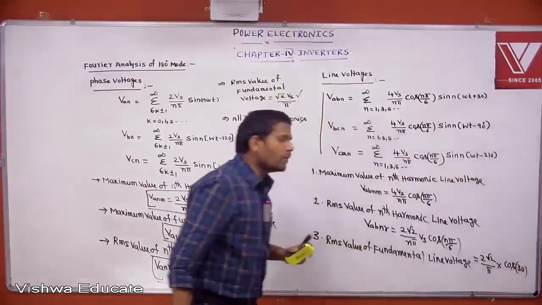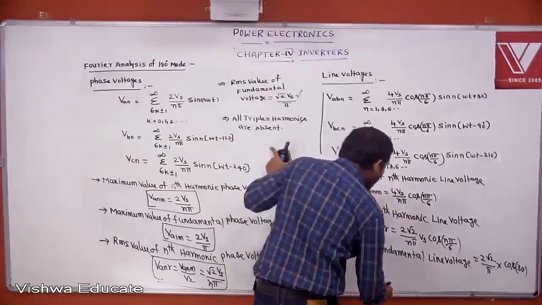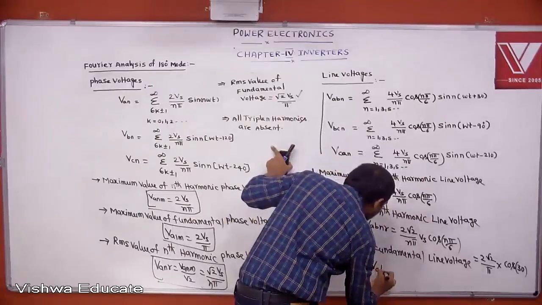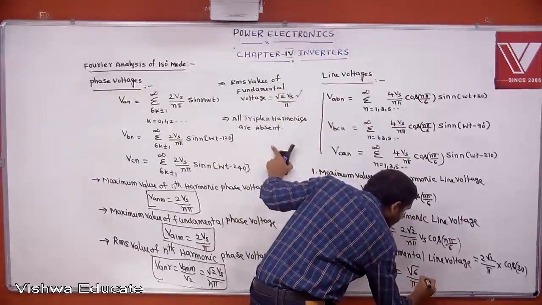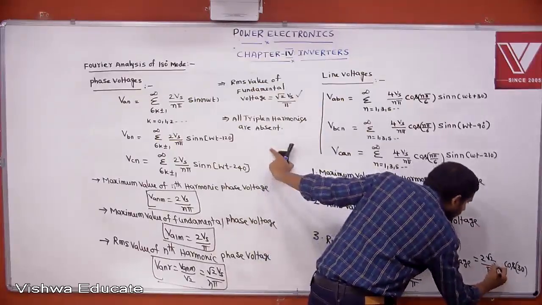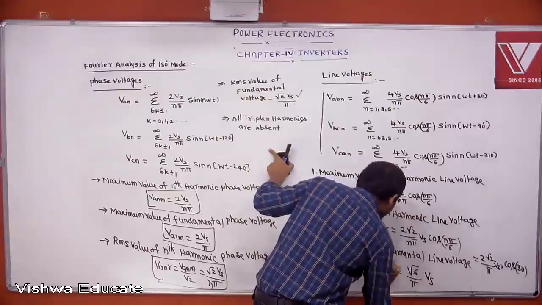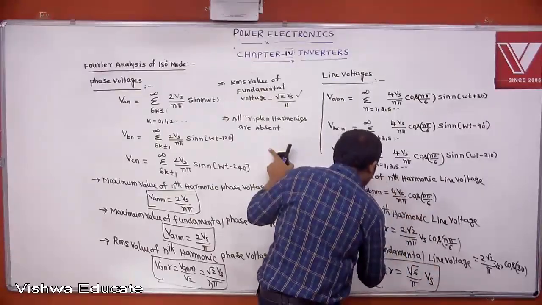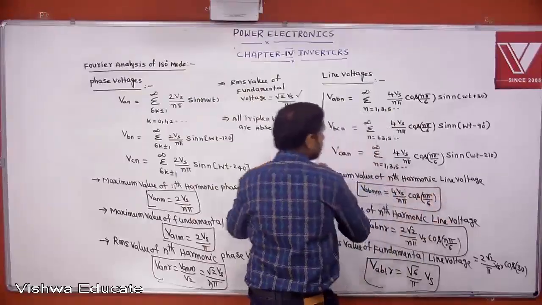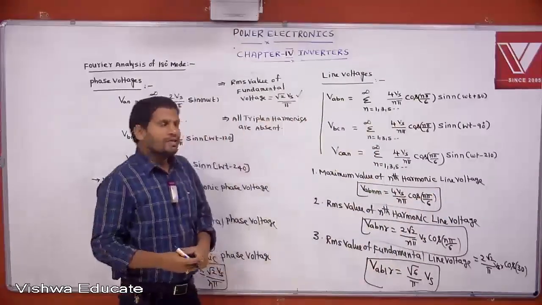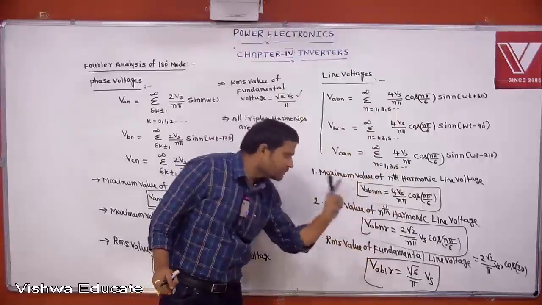Cos 30 is root 3 by 2. 2 cancels. Then what can you get? RMS value of fundamental line voltage, VAB1R, equal to root 6 by pi Vs. Direct formulas are also important. Just remember one line voltage, and from that you can answer any question.